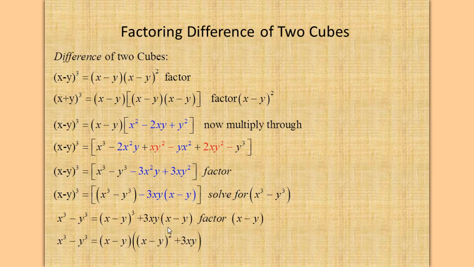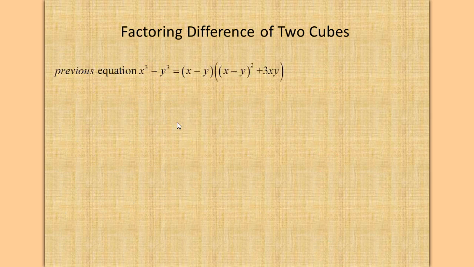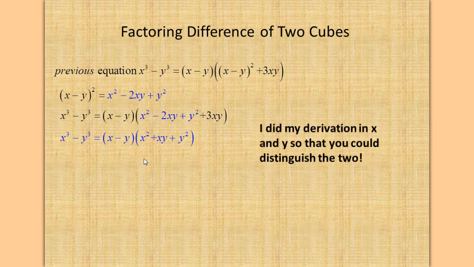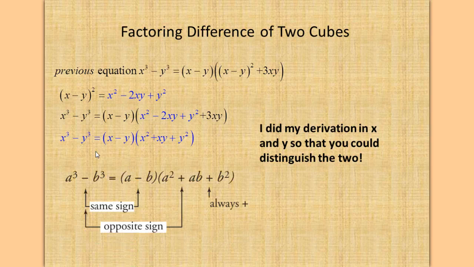If we factor out x minus y, that leaves us with x minus y squared again, and we know what that is. So we just plug that in here, and we add the terms, and that gives us what we had for factoring the difference of two cubes before.